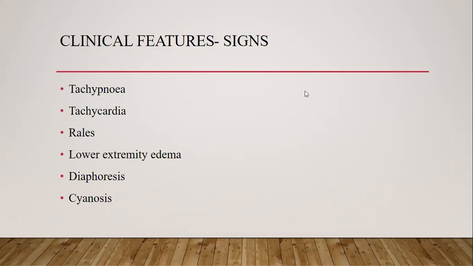So we took her to theater and operated, and as part of the procedure, because we knew it was going to be a very painful one, we gave the patient what we call epidural analgesia.